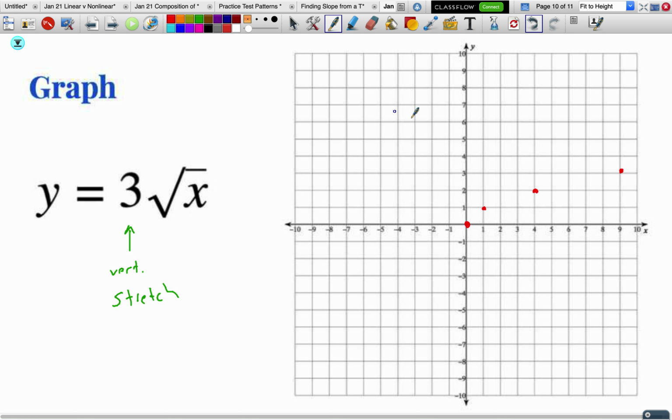Vertical stretch means every point gets 3 times taller off the y-axis. So 0 doesn't move, but this was 1 tall, now it's 3 tall. This was 2, goes up to 6. That was at 3, goes up to 9. So we get a curve that looks like this, much wider, but still flattening out.